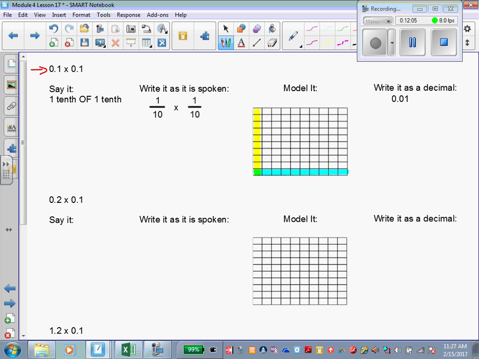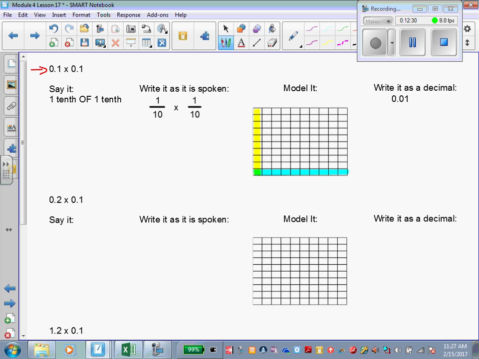We have 0.1 times 0.1. Now, I've just said those numbers incorrectly, on purpose, because I want you guys to recognize how we're supposed to say it correctly. So how am I supposed to say 0.1 times 0.1?